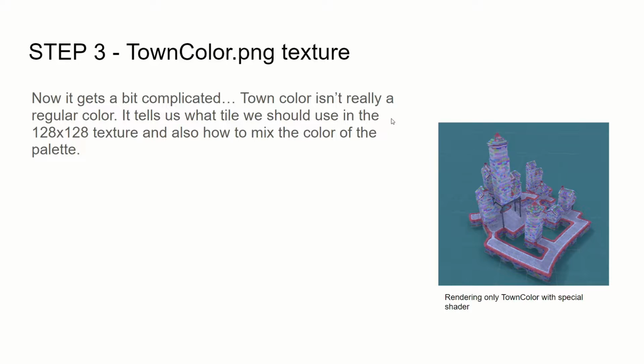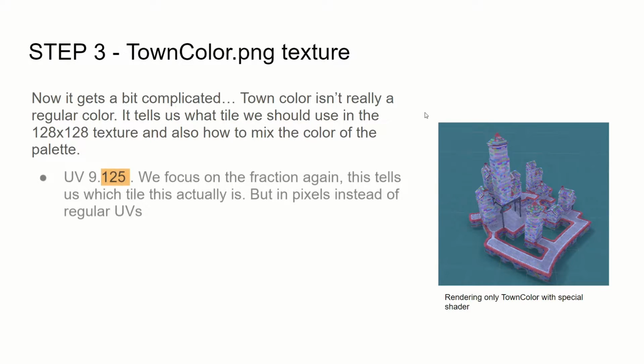This texture is a 128 by 128 texture, and it's not really a regular texture, and it's not really a color that it says here. It's actually tiles. The technique used in Townscaper is based on tiles, and this texture describes what tiles we should be using for the different parts of our models, basically.